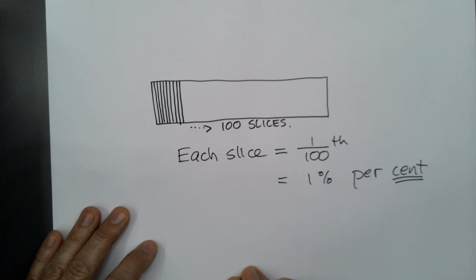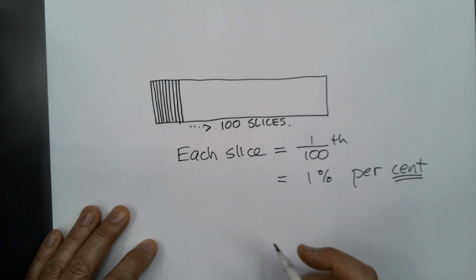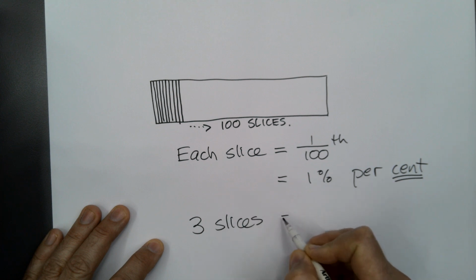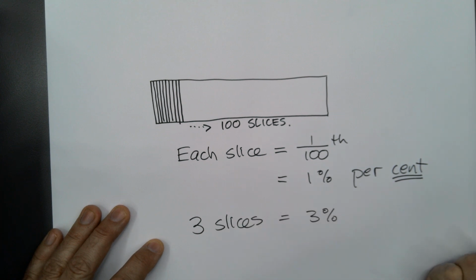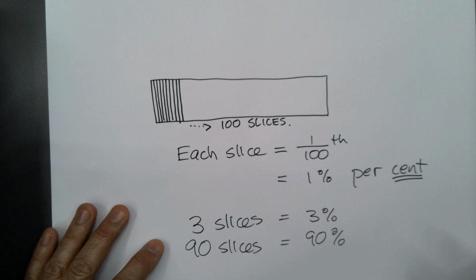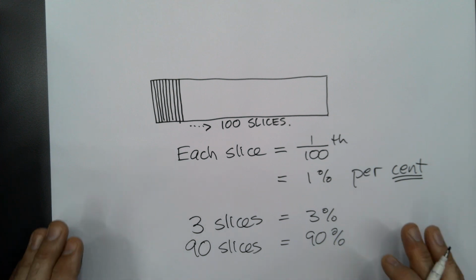There's 100 cents in a dollar. 1 cent is 1% of a dollar. So that means if I have 3 slices, that is 3%. If I have 90 of the slices, that's 90%. Now, I just wanted to run through that because that is the basic concept behind it.